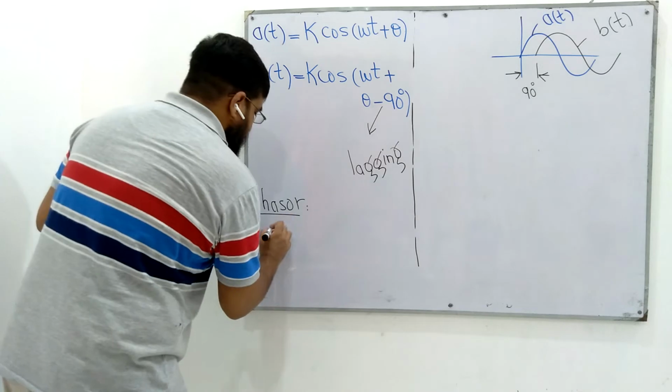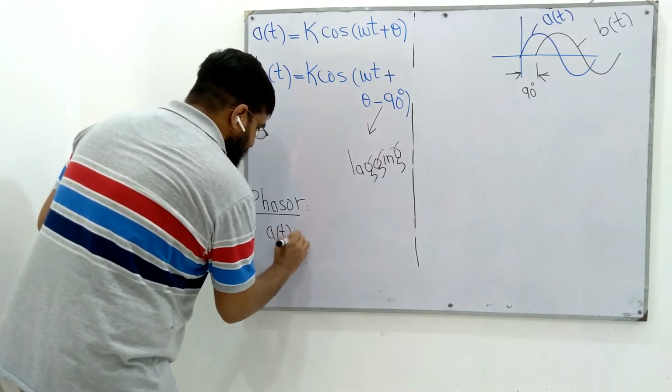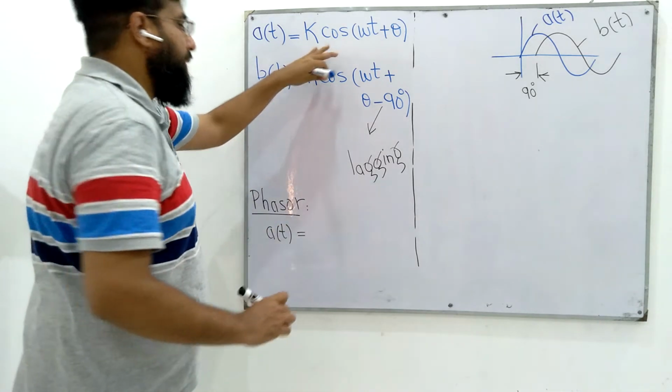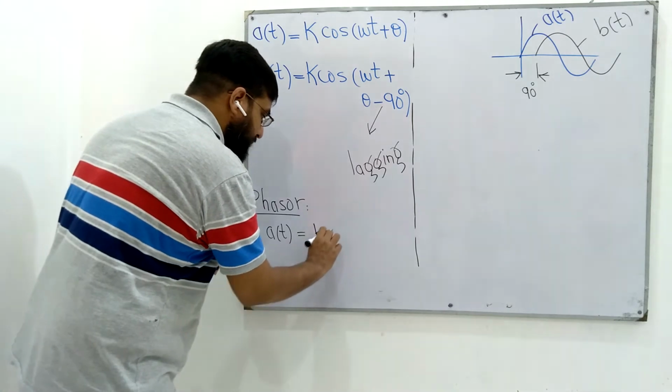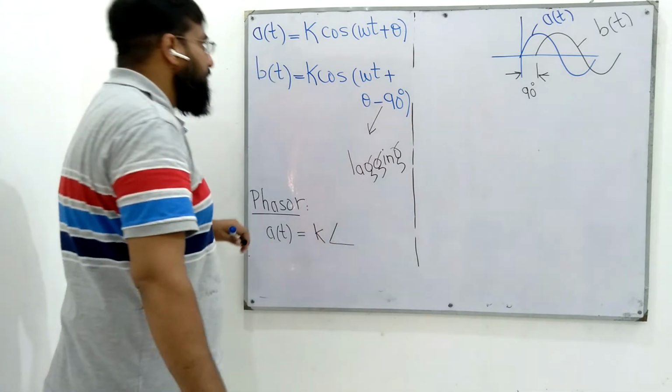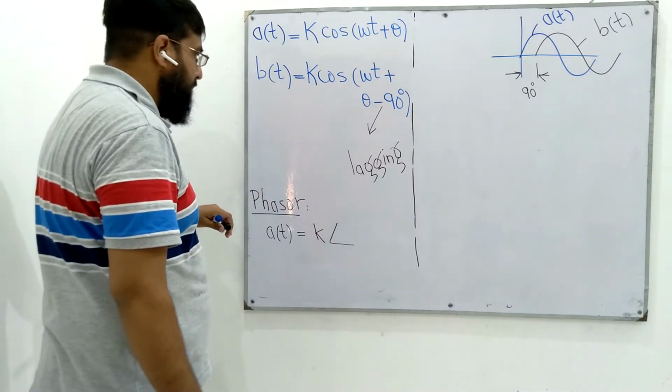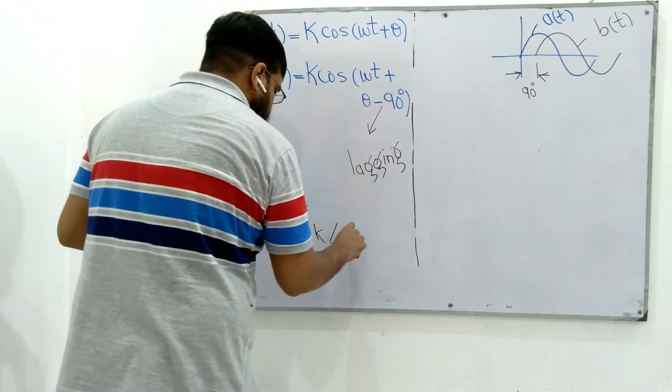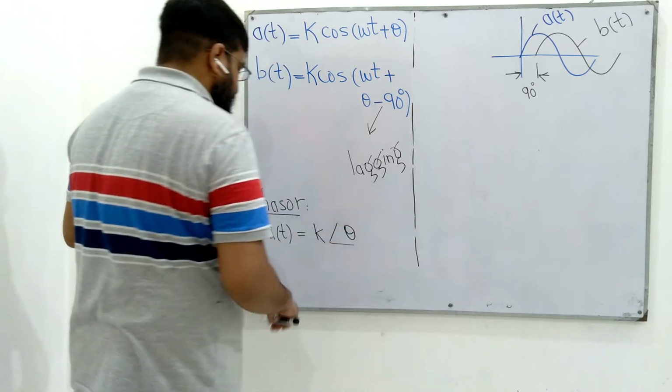So A of t in phasor term can be written as the magnitude k at the angle of theta.